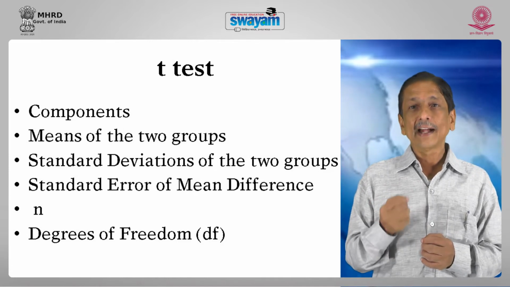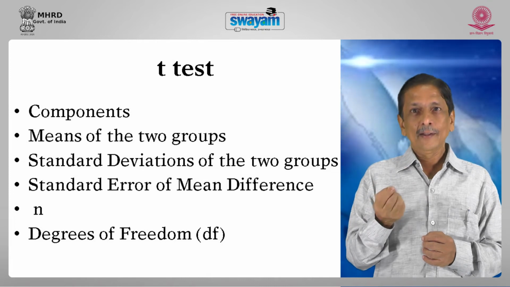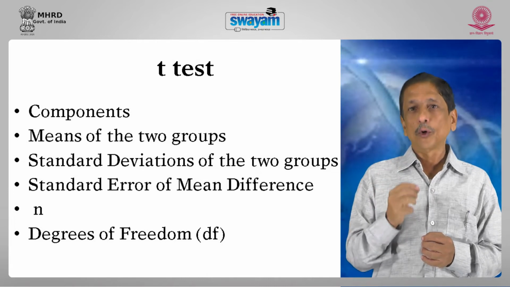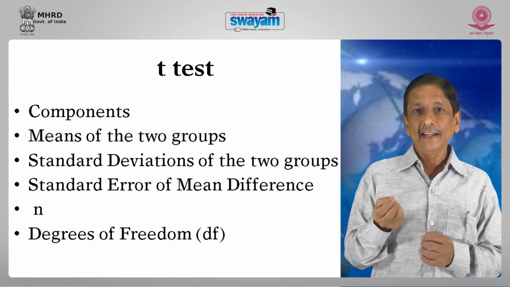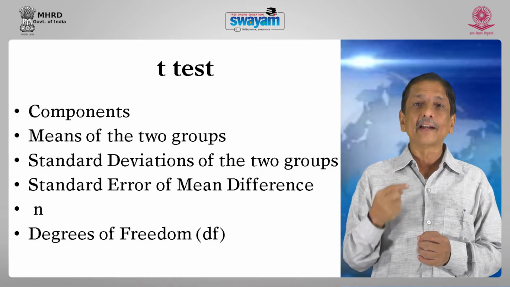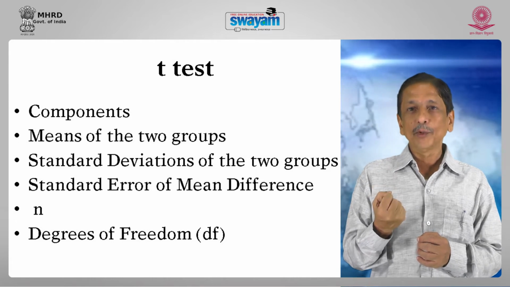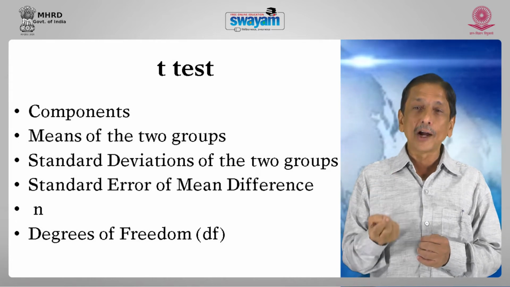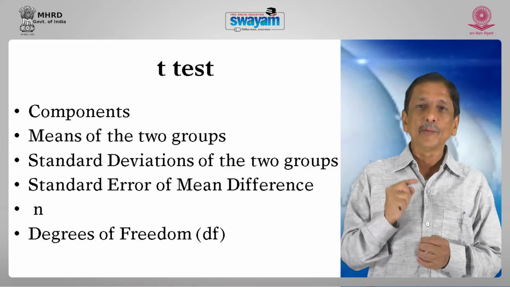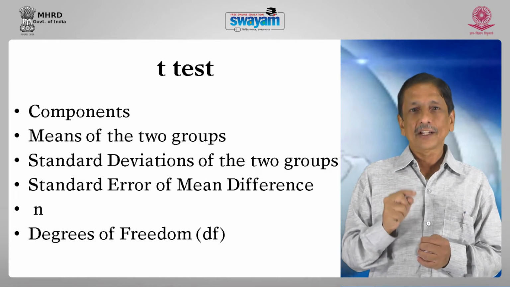That is where the deviation is squared. Squaring a score removes the sign, and that is where the standard error of mean difference refers to the actual error that can be attributed to chance and not to the variable being manipulated by the researcher.